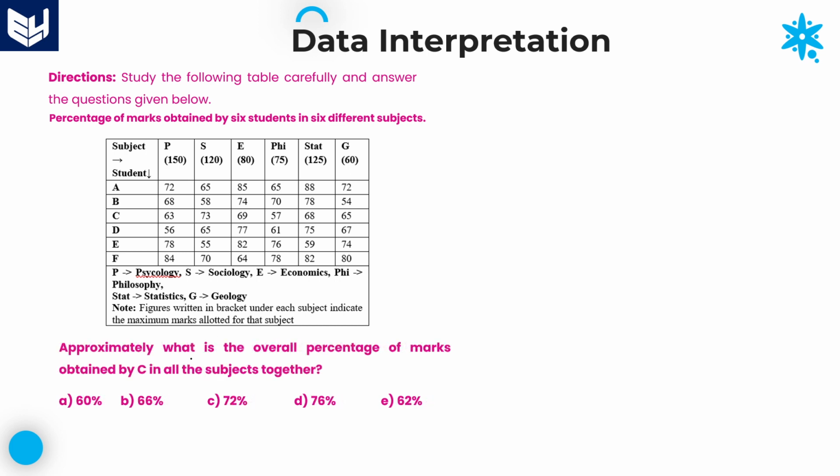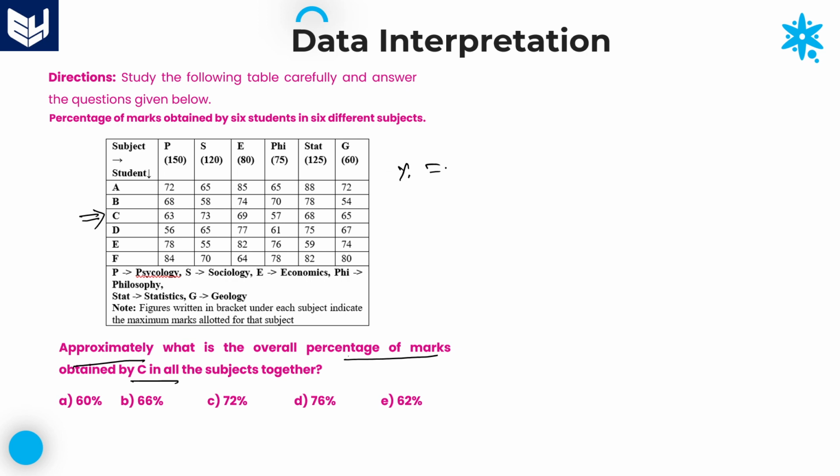Last question in this session. Approximately, what is the overall percentage of marks obtained by C in all subjects together? Here we need to calculate C's approximate percentage in all subjects together. How can we get the approximate percentage?